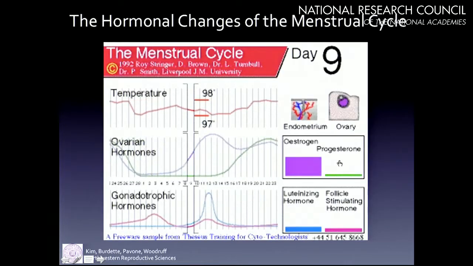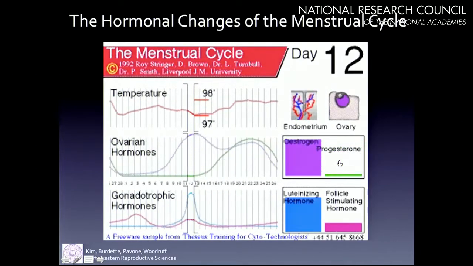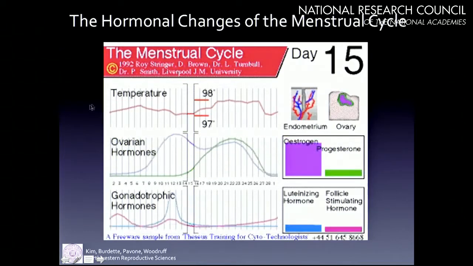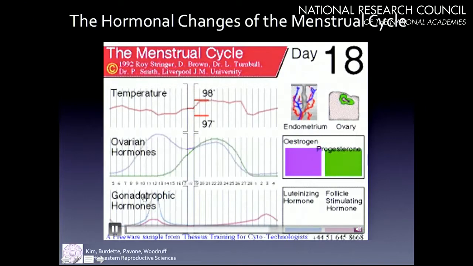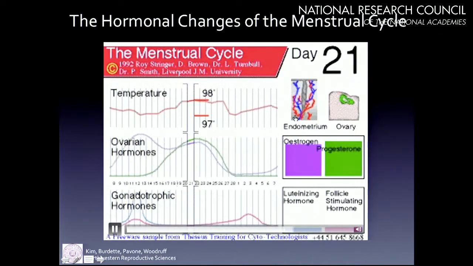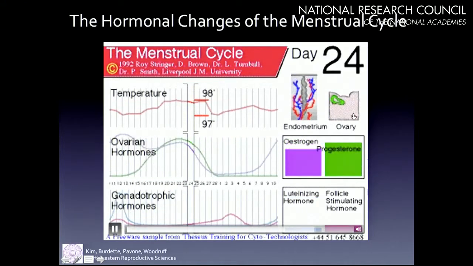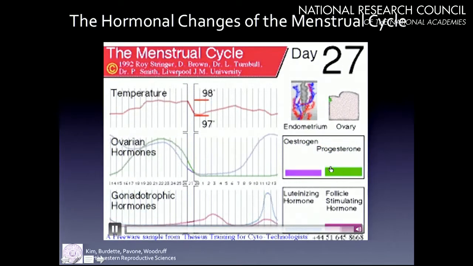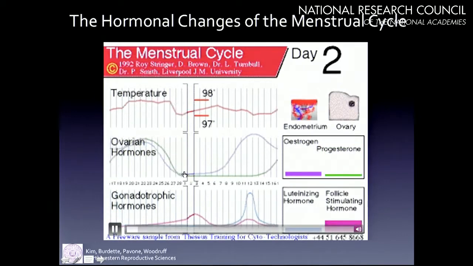And as I said before, during the menstrual cycle, there are so many changes that occur in a woman's body, starting from temperature all the way to the levels of ovarian hormones, the levels of gonadotropin hormones, what that does to the endometrium, the changes that occur in the ovary with folliculogenesis, etc. It's not really a static exposure.